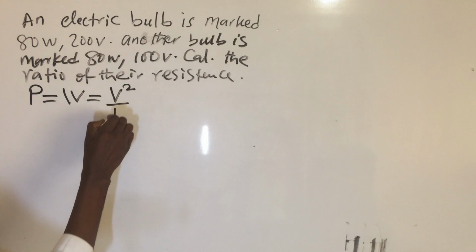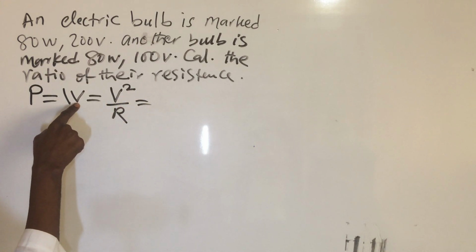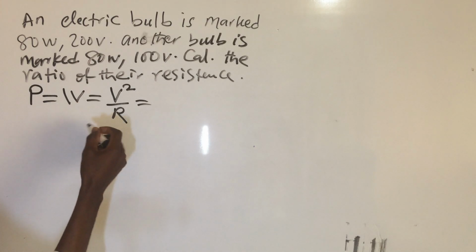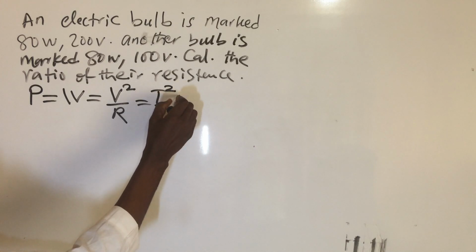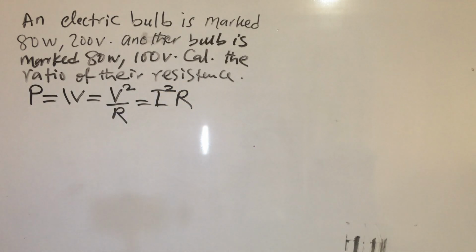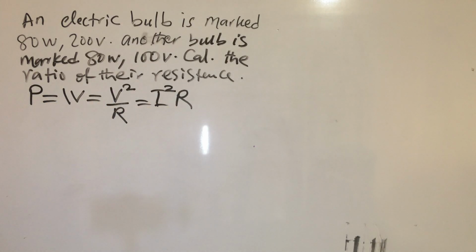From there, we get V squared over R. And also, this has a formula, which is I times, that's current times resistance. From there, we now get current squared times resistance, okay?